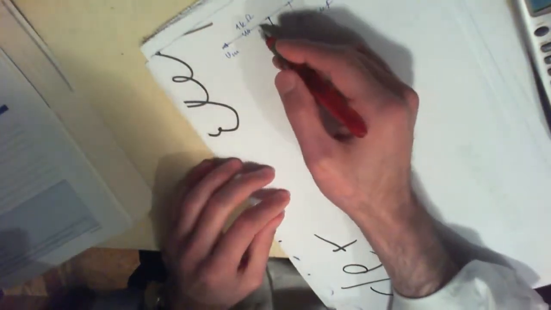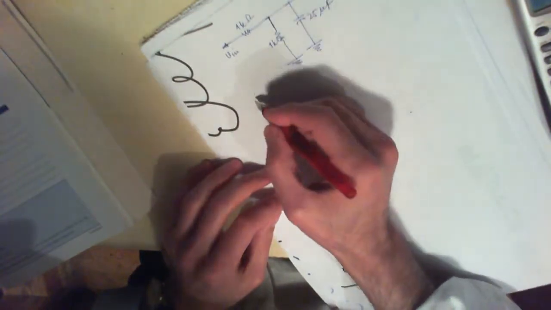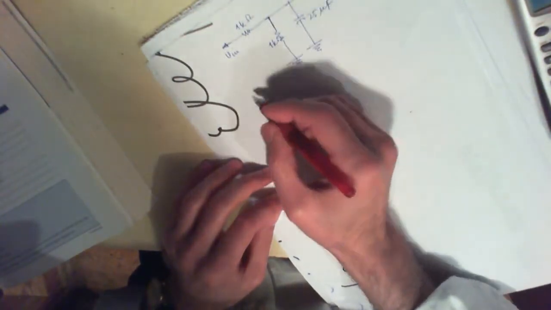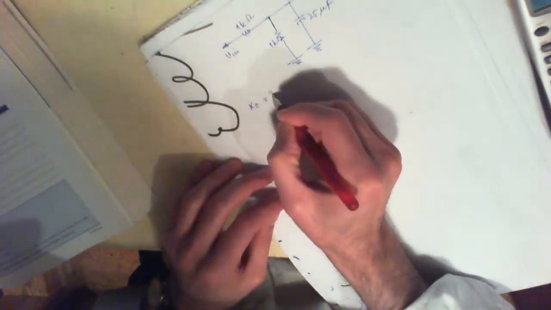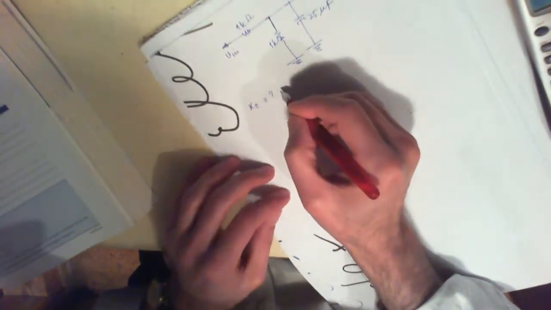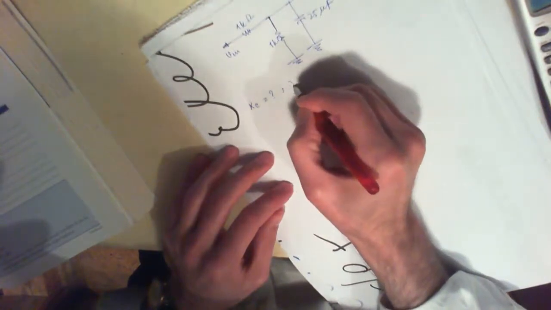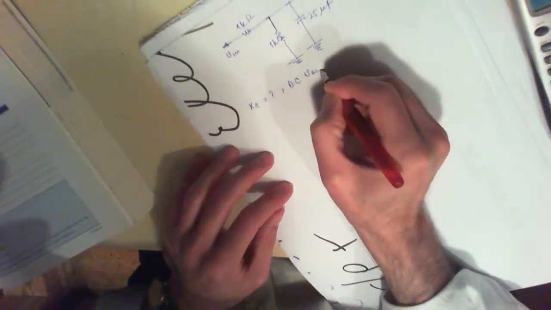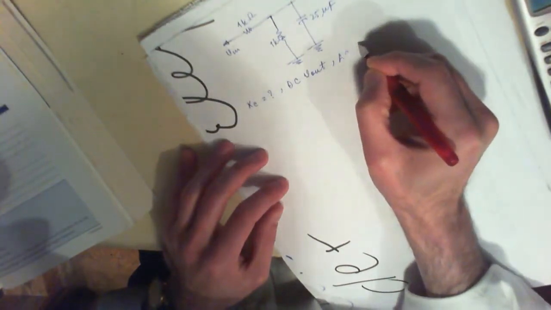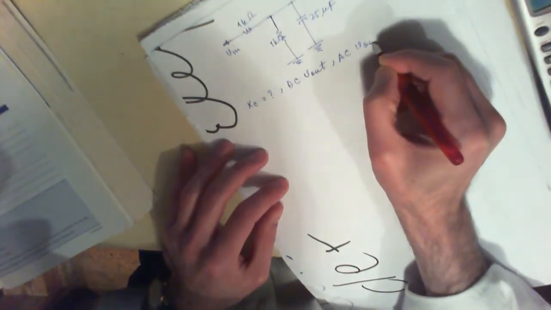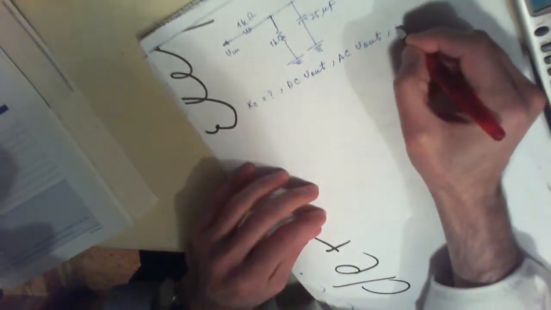And you want to find the reactance of this capacitor in this circuit, and you want to find the DC output voltage. You want to find the AC output voltage, AC V out, and you also want to find the attenuation.